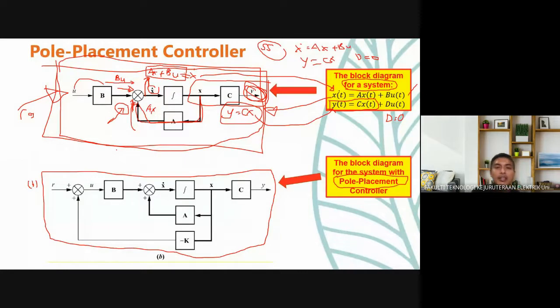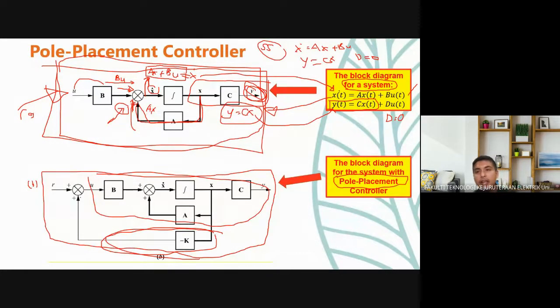This is the original system. However, when you want to implement pole placement, you just need to add another negative K feedback to the system, then you get the pole placement controller.